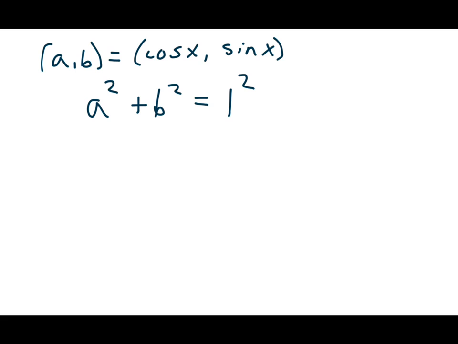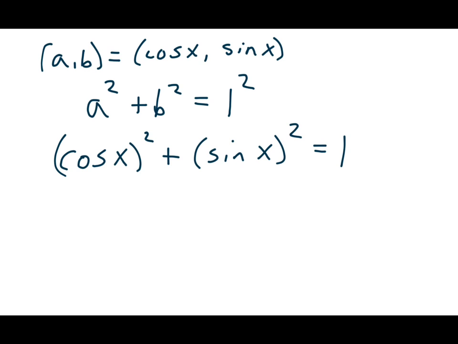So replacing what we know a and b are, cosine of x squared plus sine of x squared is equal to 1. Instead of writing it like that, we usually write it as cosine squared x plus sine squared x equals 1. That's another identity that we use.